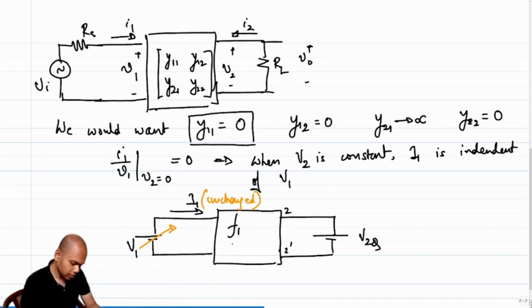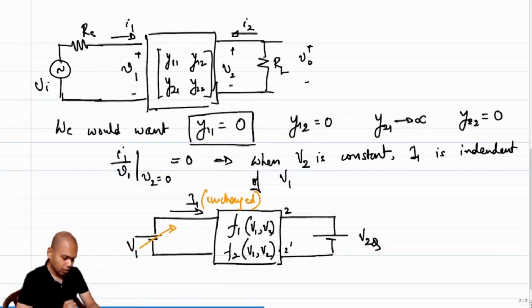Note that this is the total voltage and the current that we are referring to, right? This is what the actual meaning of y11 equal to 0 means.